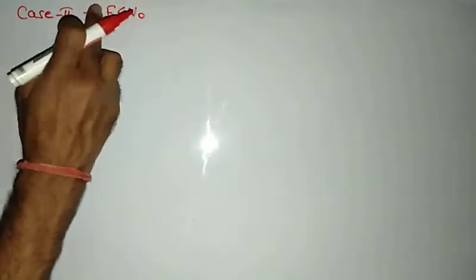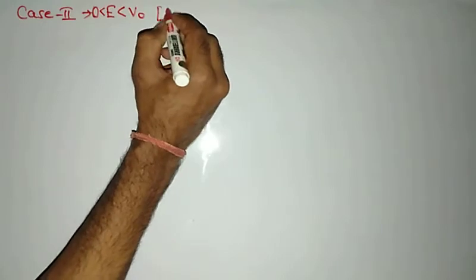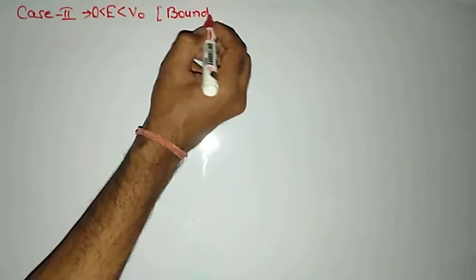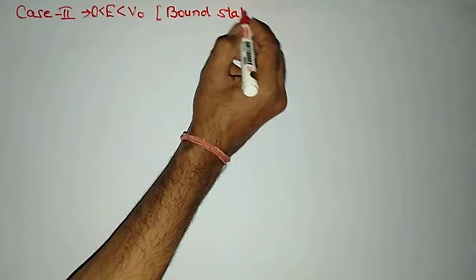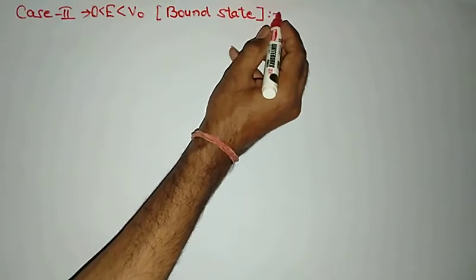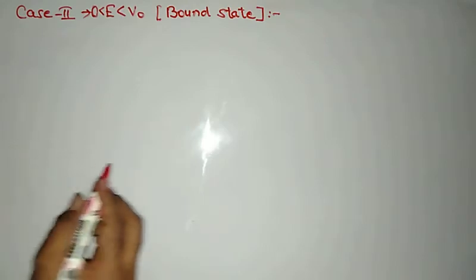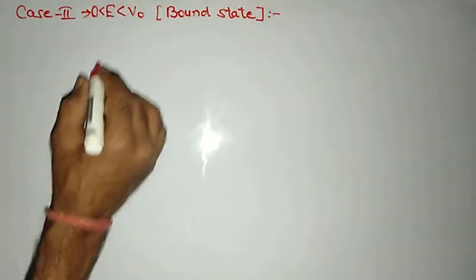So case second of the finite square well potential, this is E less than V naught, and obviously this is greater than 0 also. Greater than 0, lesser than V naught, and this is a bound state. So drawing the figure for that.